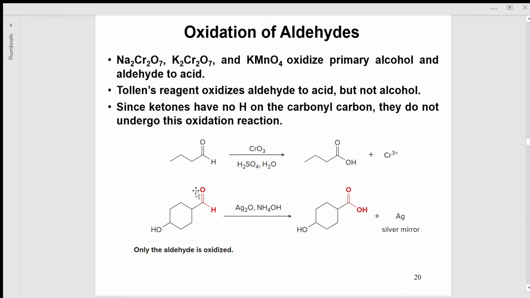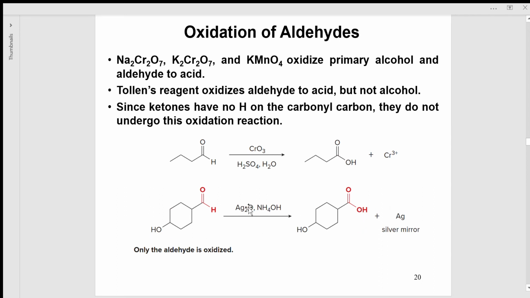There is a name for this reaction. It's called the Tollens reaction, or Tollens reagent. Basically, the Tollens reaction is an oxidation reaction of aldehyde only. It's not for alcohol. It's not for something else. This is a very specific reaction.